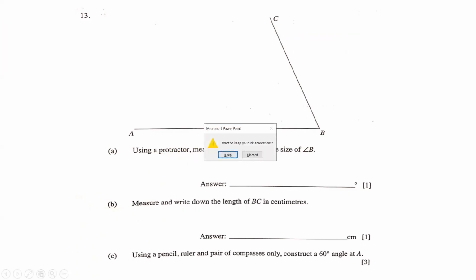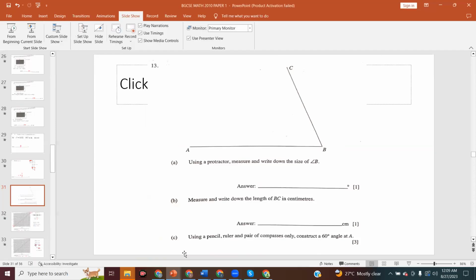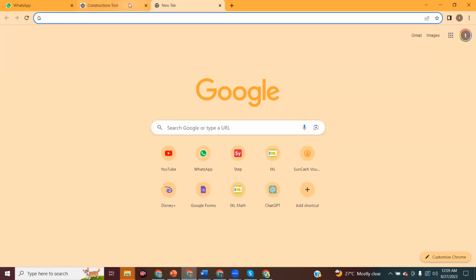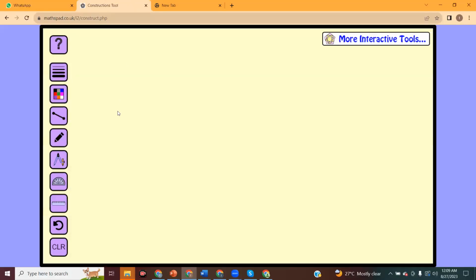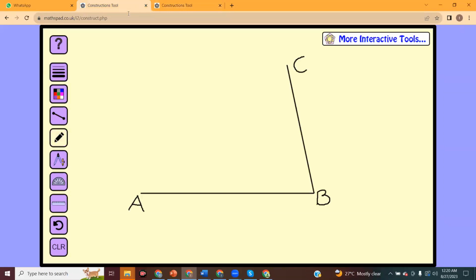We have to use what they asked us to use. So for this one, let's get our protractor and use what they want us to use. Let's use a protractor to measure the angle B.